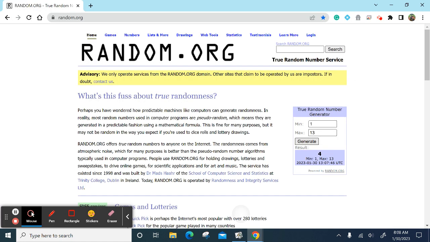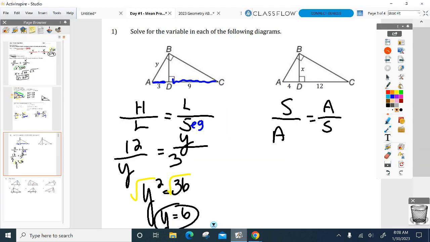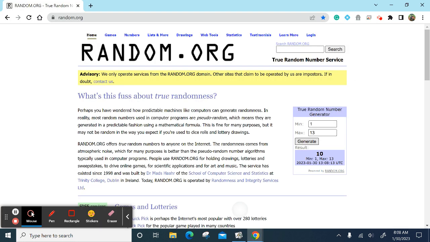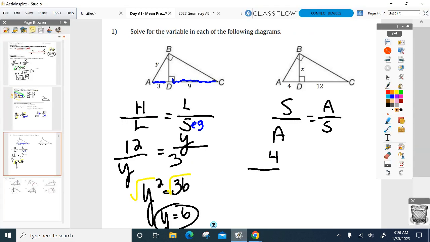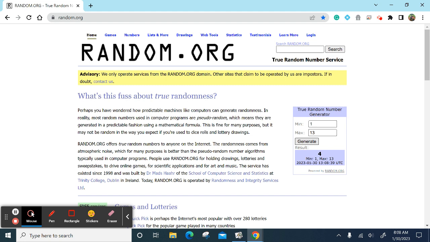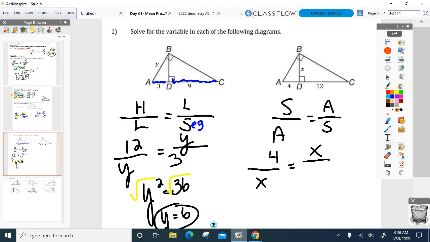Give me a segment length. That's here. Segment length 10. Altitude, X. Altitude again, X. Again, those always are going to be the same values. The means are always the same. Over. Remember, S is other segment. Extremes are different. Don't give me the same segment. Other segment length. 12. Yep.